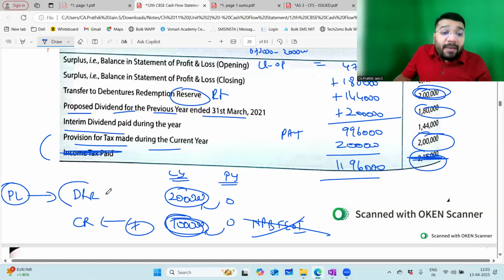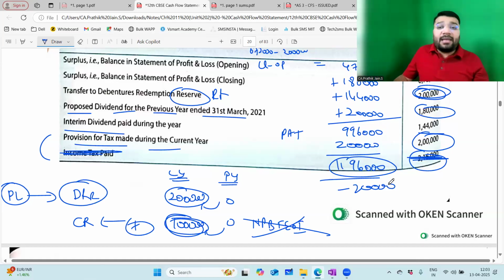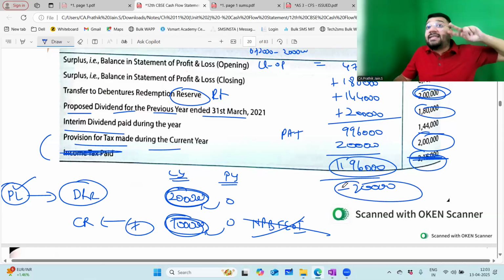Hence, when I'm calculating net profit before tax and extraordinary item, I will not add this back. However, debenture redemption reserve is created out of your P&L profit. From my profit of 11,96,000, say 2 lakh rupees I transfer to DRR. In that case, this DRR is created because of the P&L profit, which is called revenue profit. So only that I will consider for reversing the reserves.